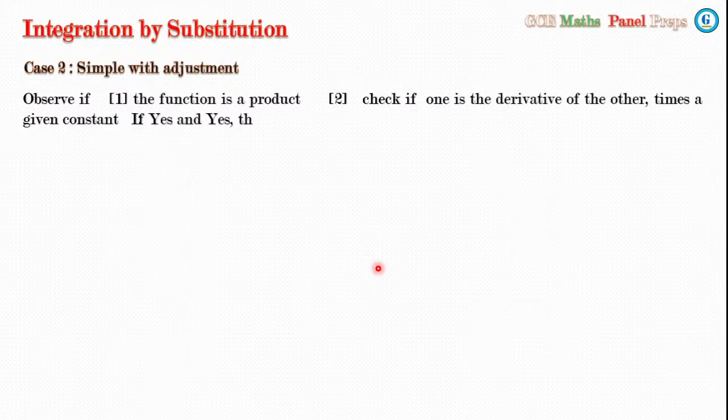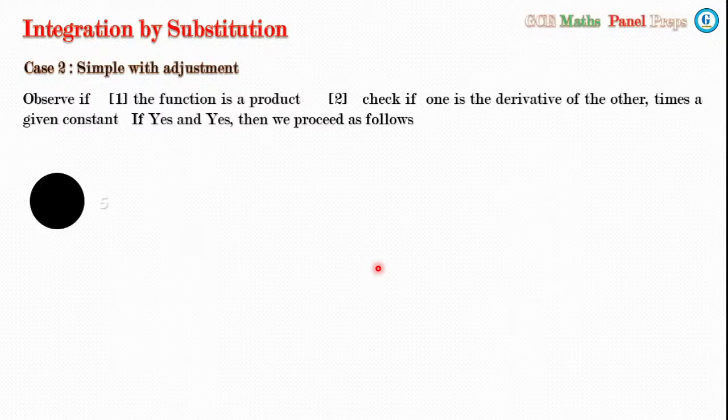So if the function is a product, that's the first thing, and then secondly we check if one is the derivative of the other times a given constant. So when we differentiate one, we have the derivative of the other, or we have a derivative which is equal to the other function times a given constant.